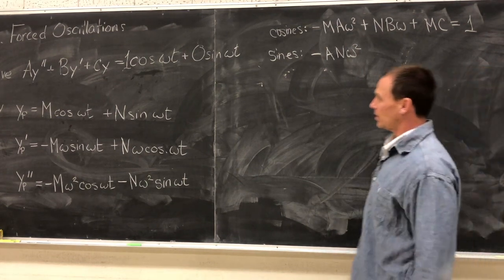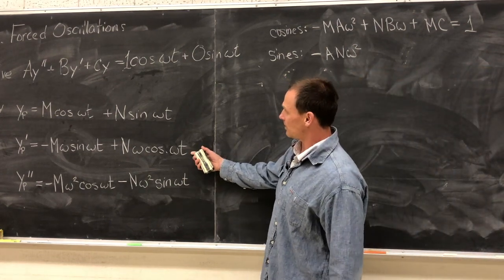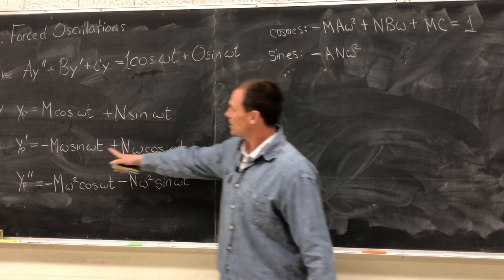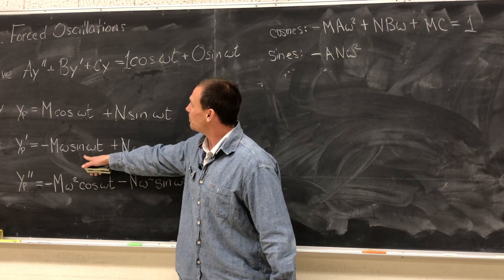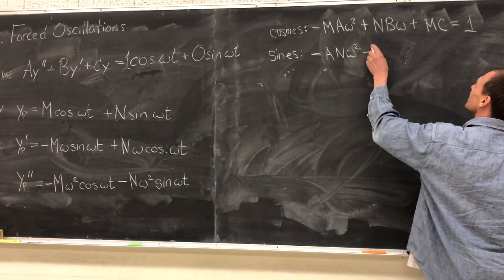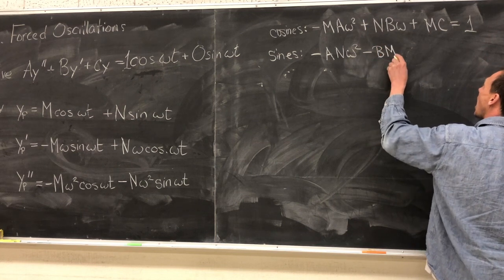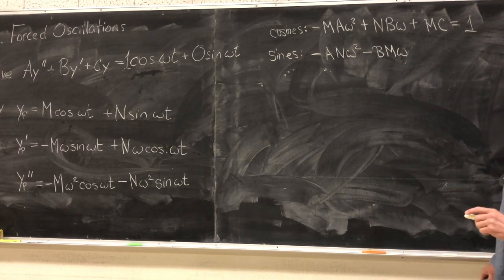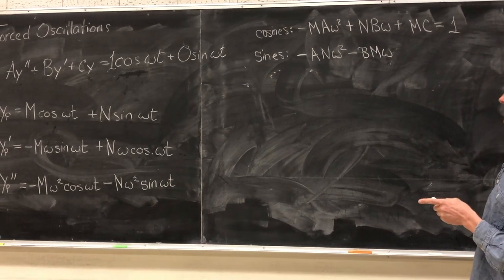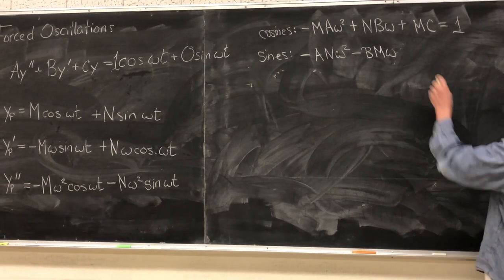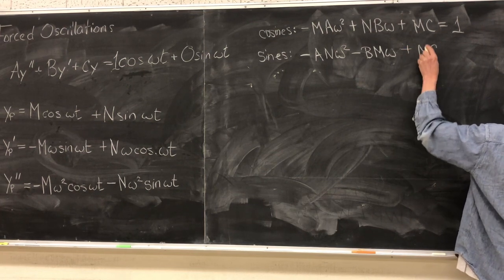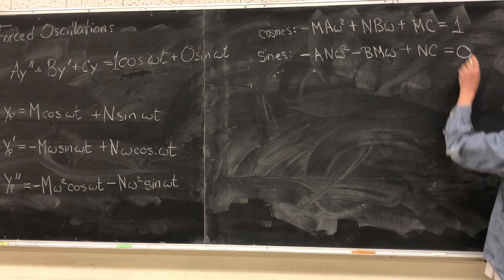And then we go back to our first derivative. I've got a b times y prime, so that's going to be minus b times m times omega. And then y particular, I'm going to have c times n. And that's going to give me 0.